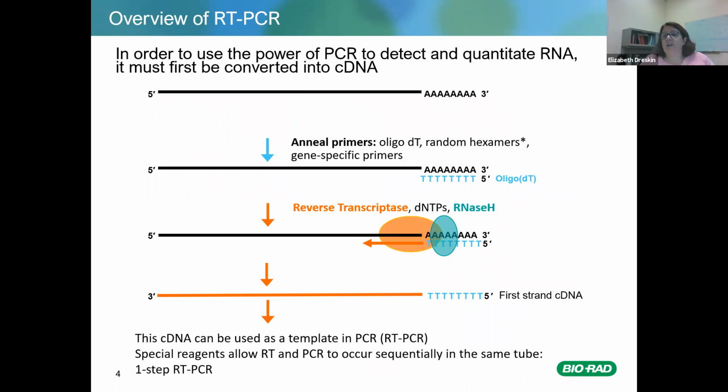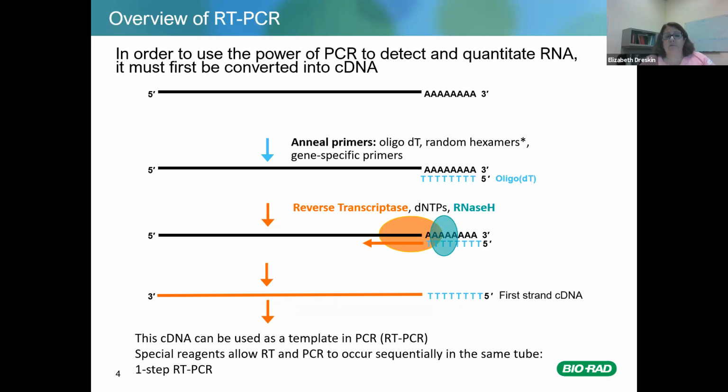What if we have RNA and we want to look at gene expression? We first have to convert that RNA into cDNA. We do that by annealing primers such as oligo-dT, random hexamers, or gene-specific primers.